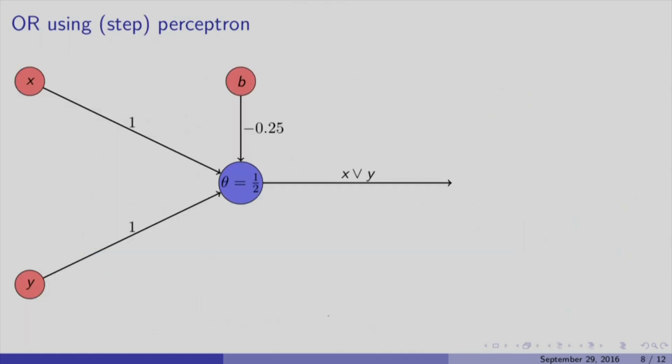So one can look at simple Boolean functions and model them using linear separators. So here is an example, your function x OR y.